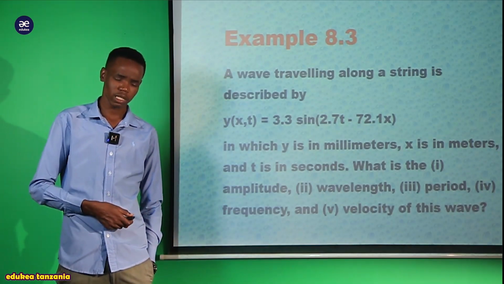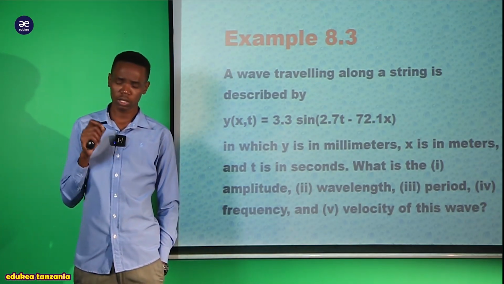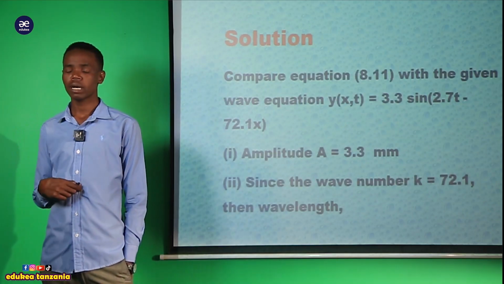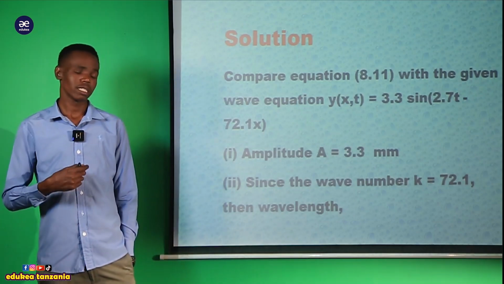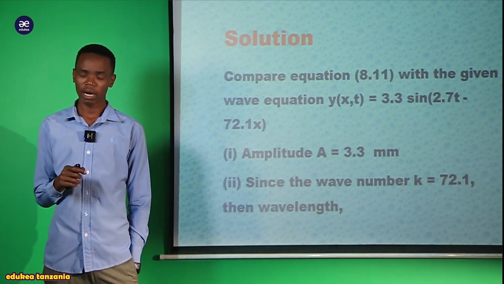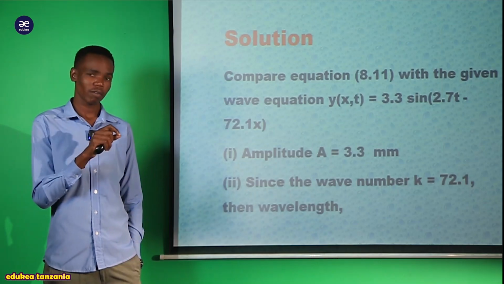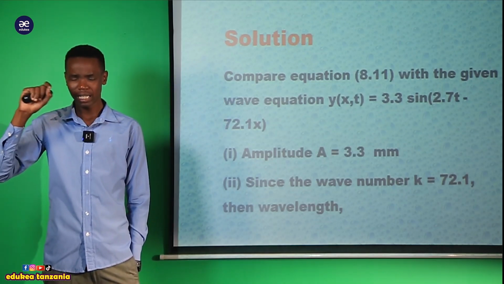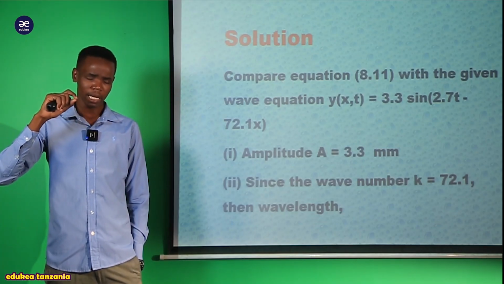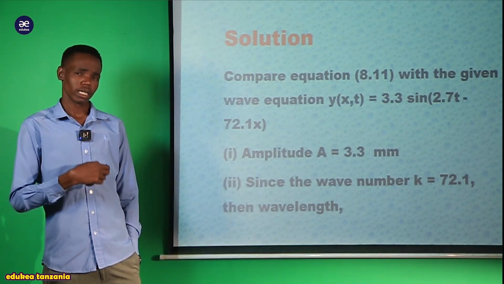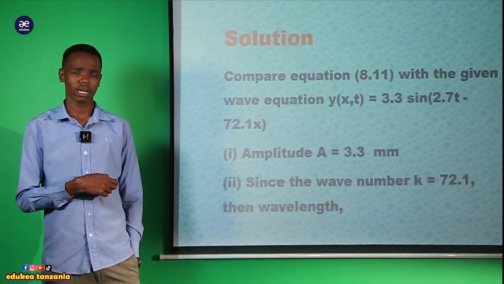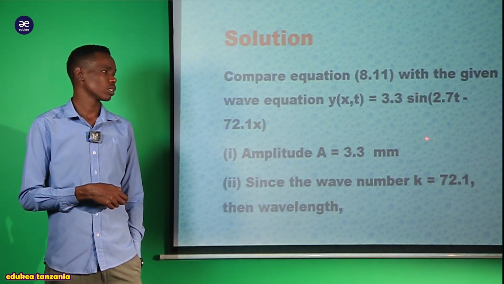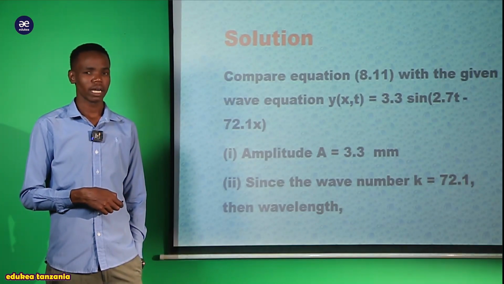But before we find the wavelength, we should first find the wave number. Using the formula we derived, equation number 10 for our topic number 8, the displacement along x, t is equal to the amplitude times sine wt minus kx.